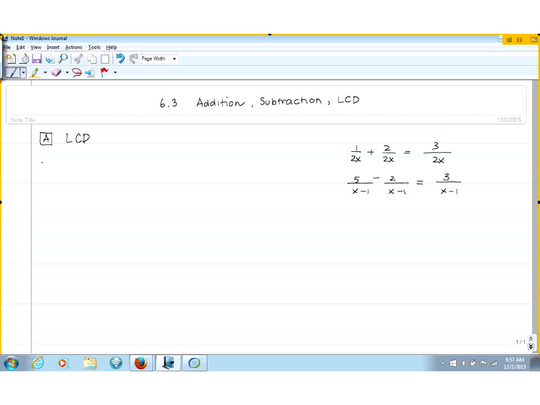So LCD. What is the LCD? Lowest common denominator. So LCD is the smallest expression that is divisible by all of the denominators.